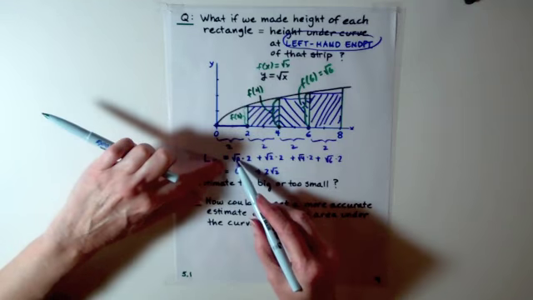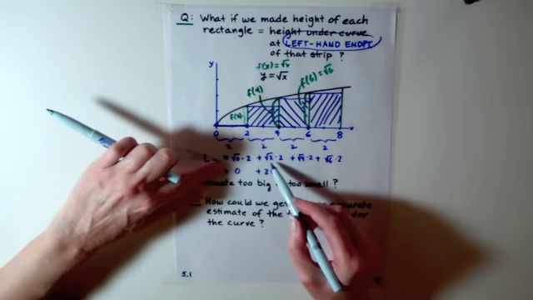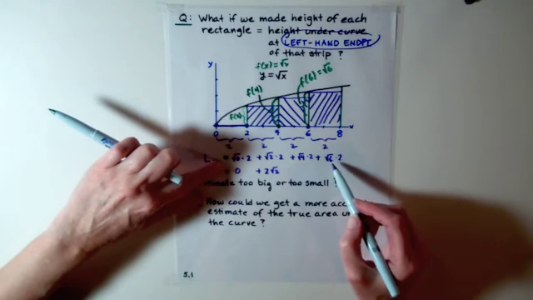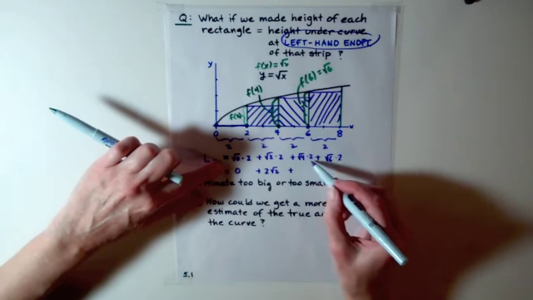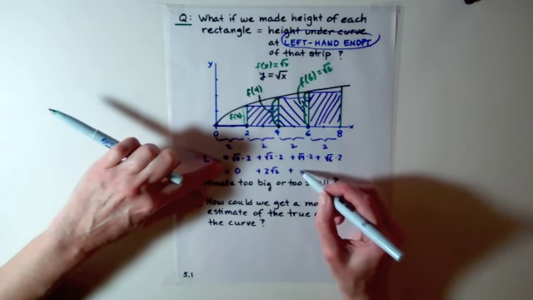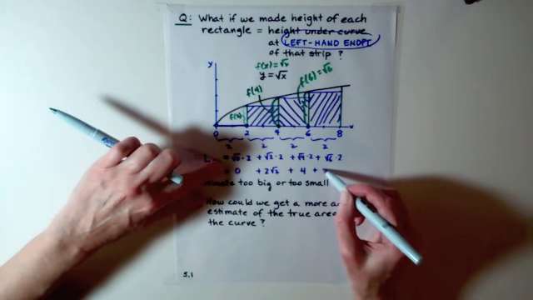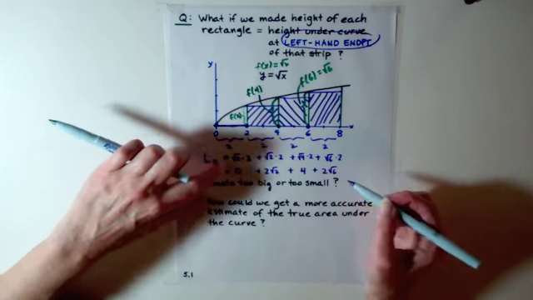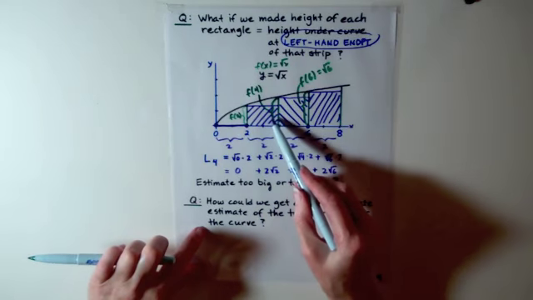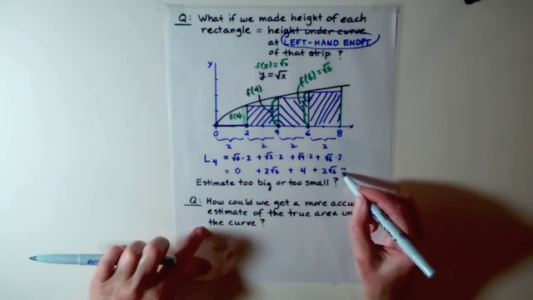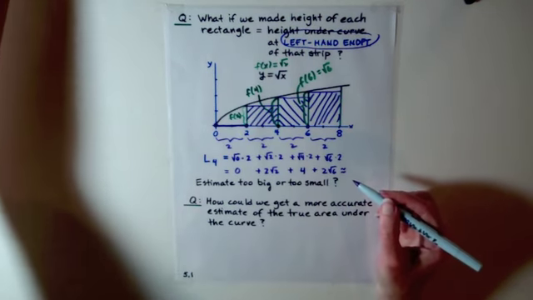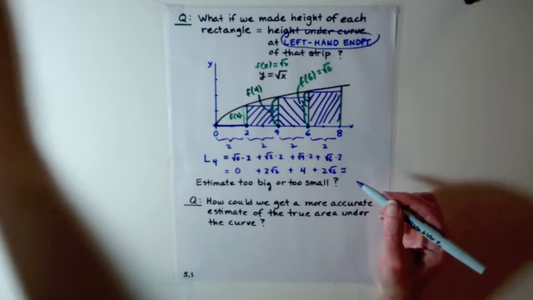So I actually get root 0 times 2, root 2 times 2, root 4 times 2, and root 6 times 2. I add all of those up. I guess I could simplify this. This is 2 times 2 is 4, and this would just be 2 root 6. I add up those 4 rectangles' areas, and I get a certain value. Let me see what my notes say I get.